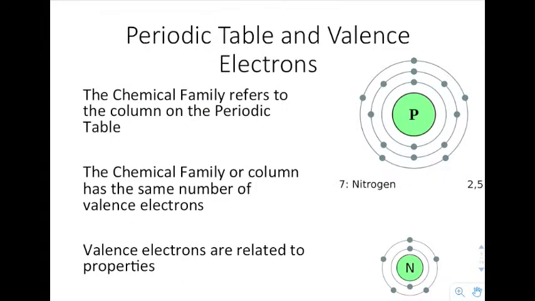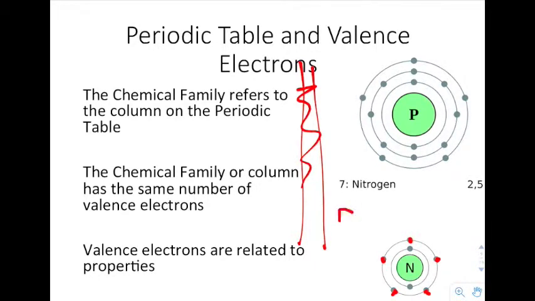Whenever you look at the periodic table in terms of valence electrons, the chemical family refers to the column. The chemical family, or column, has the same number of valence electrons. Here you see phosphorus and nitrogen. Phosphorus and nitrogen are in the same chemical family. Nitrogen has 1, 2, 3, 4, 5 valence electrons even though it only has 2 shells.